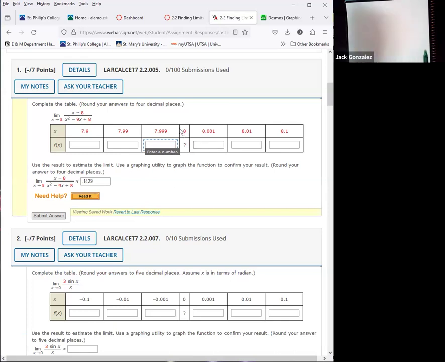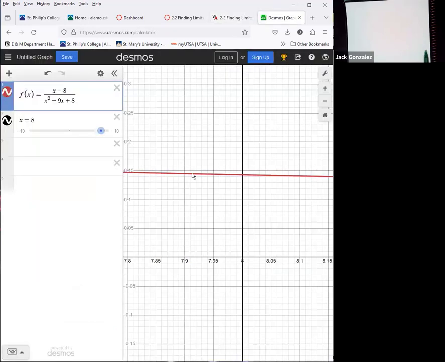We're just trying to see what happens as we get there. So you would plug this into the function. Whatever output you get, you put it here. You just see what the number is changing into as I get closer to 8, which is what we did here. So basically, those outputs would be these values, closer and closer.